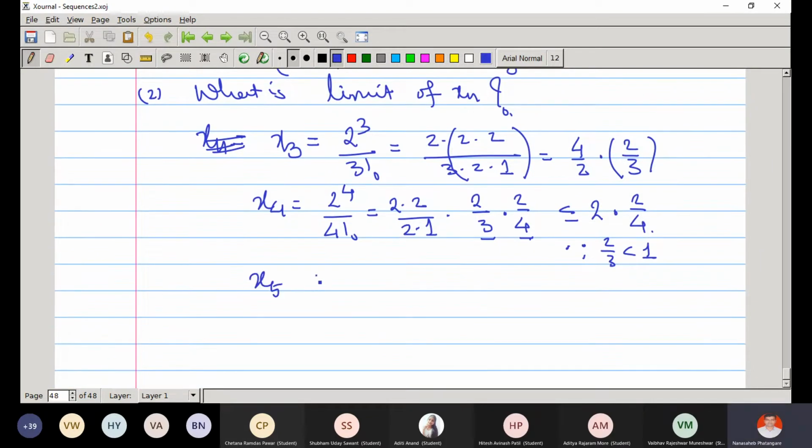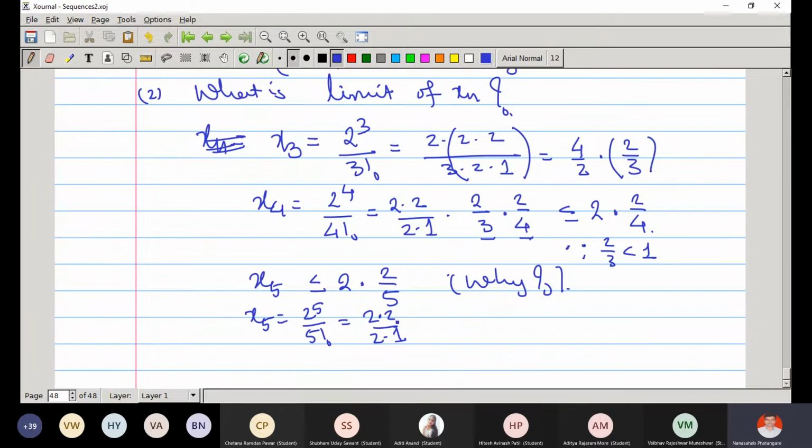For x5, can I say that x5 is less than or equal to 2 into 2 upon 5? Am I right? Because x5 is 2 to the power 5 upon 5 factorial, which is 2 into 2 upon 2 into 1.